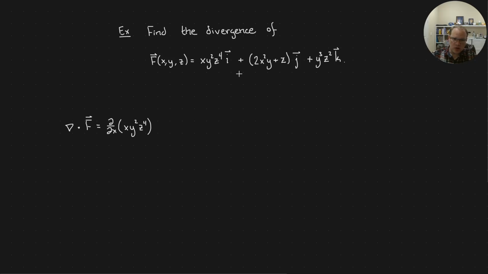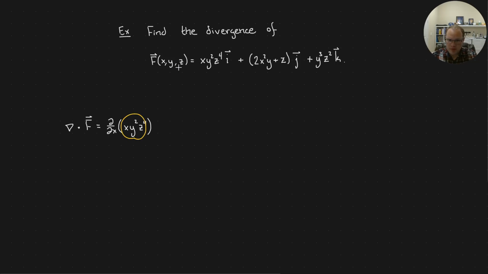Just as a side note, remember that we're expressing our vector field here in terms of the standard unit vectors i, j, and k. So the expression multiplying the i vector is the first component of the vector field, the expression multiplying the j vector is the second component, and the expression multiplying the k vector is the third component. Just a different way to express the vector field.